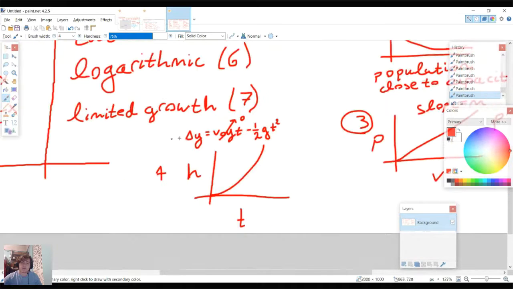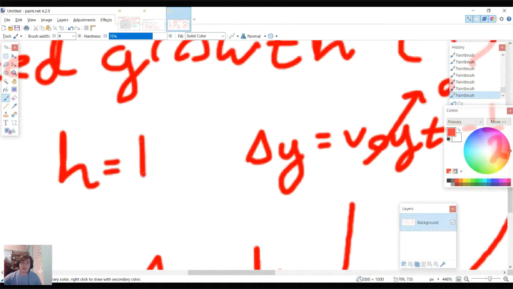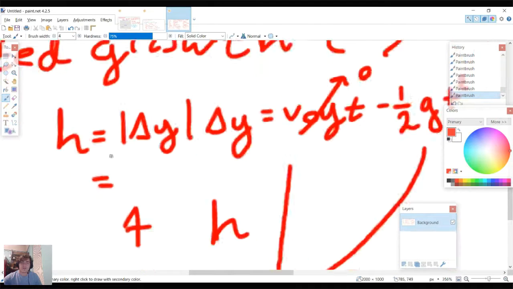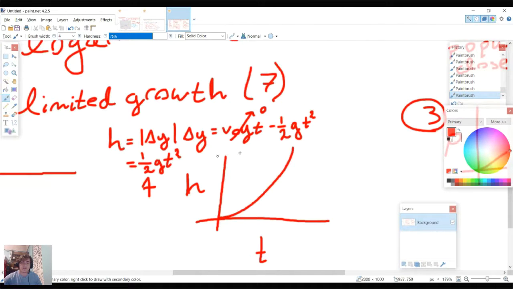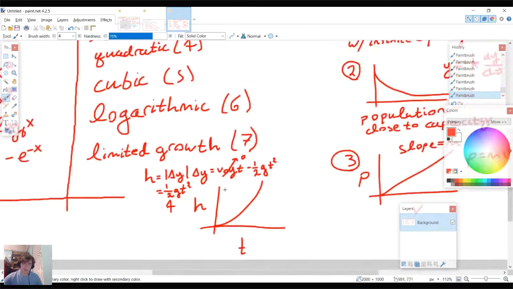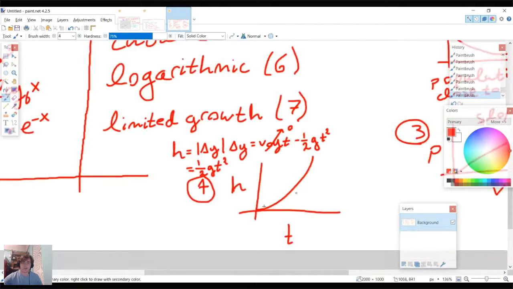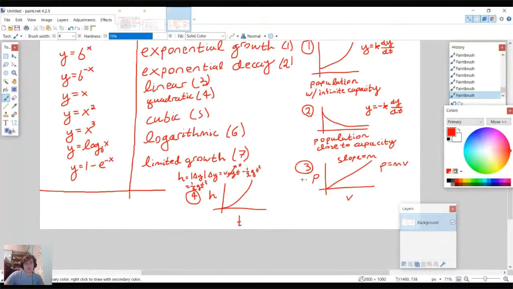And then h is going to be the absolute value of the vertical displacement, the height fallen, which is just 1/2 g t squared. And you can clearly see that there's a slope of g over 2. Proportionality constant would be a better term there. But it's quadratic with respect to time.